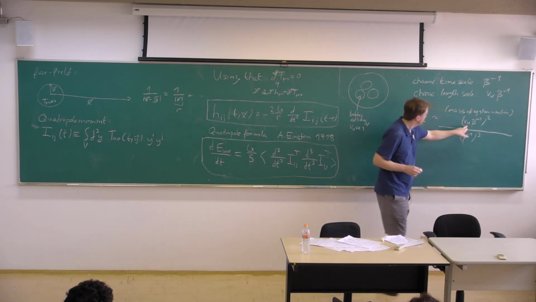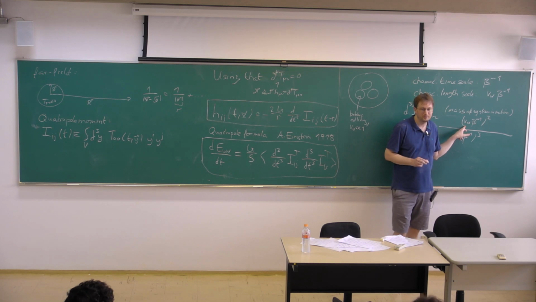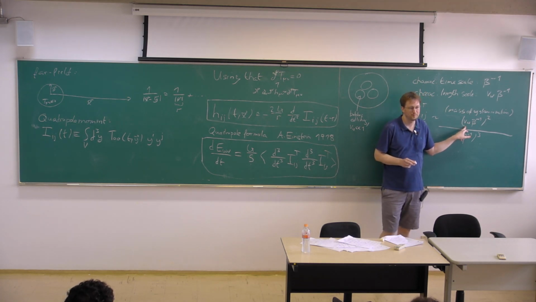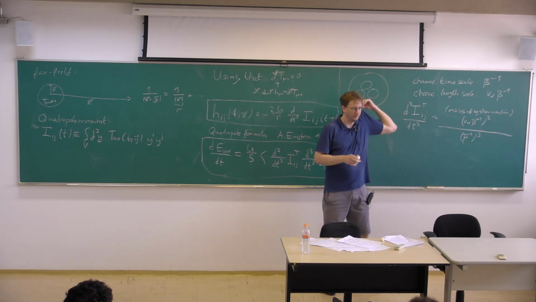In particular, you see that you get mass times velocity squared in the non-relativistic regime. That's a kinetic energy. So you can think of this now as the kinetic energy that is stored in the bubbles.